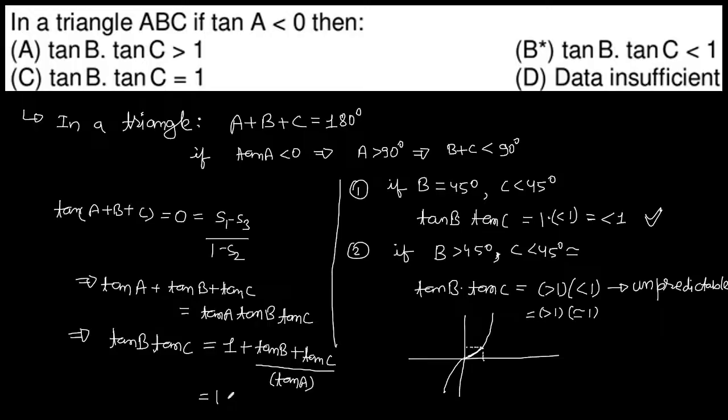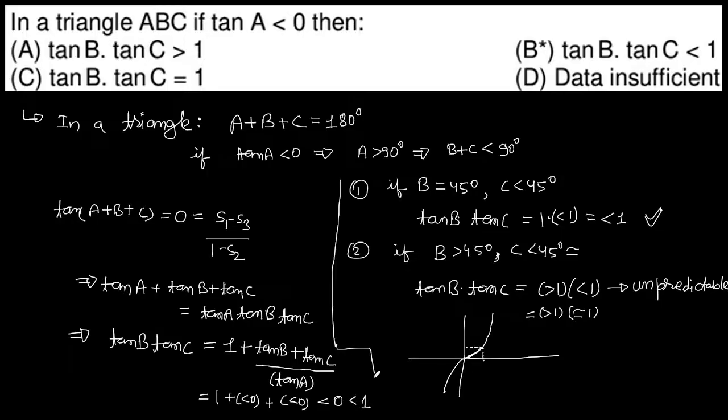So 1 plus something less than 0 plus something less than 0. This will be negative and it will be some fraction, so it will get multiplied. Overall, this is going to be negative. If it is less than 0, it will be less than 1.